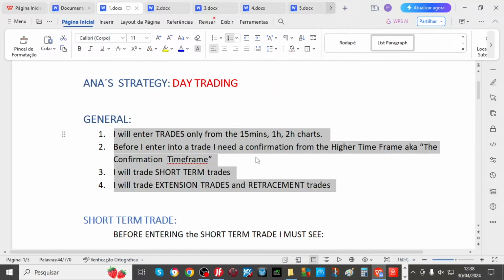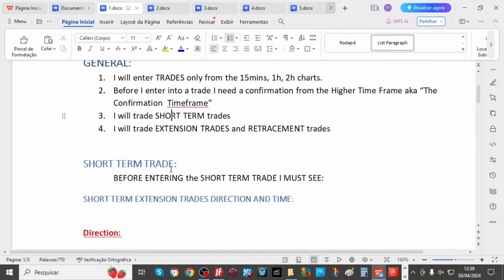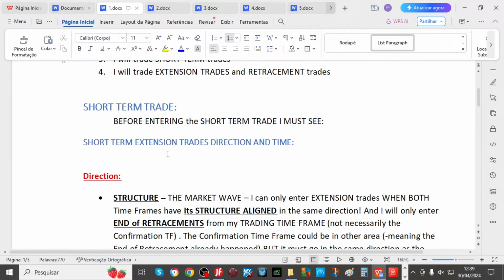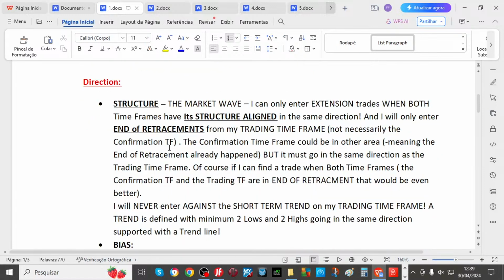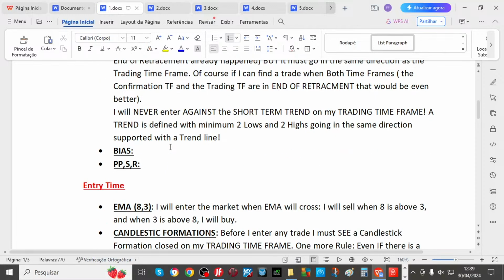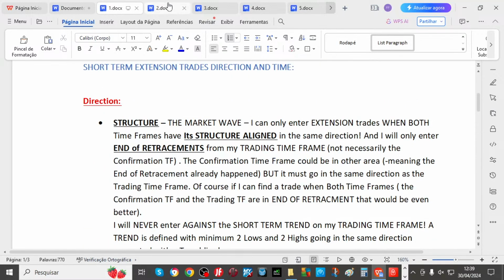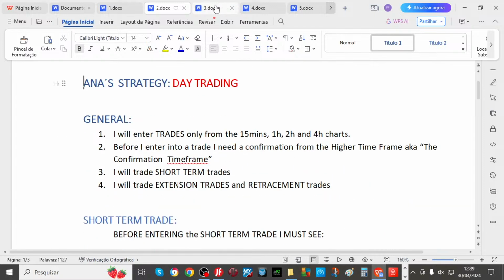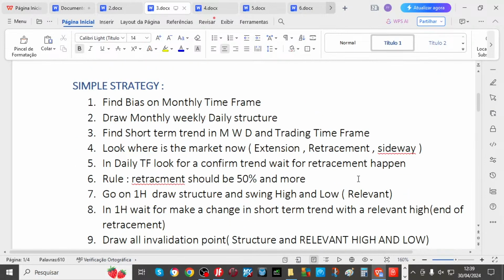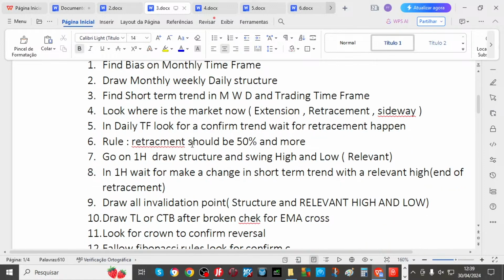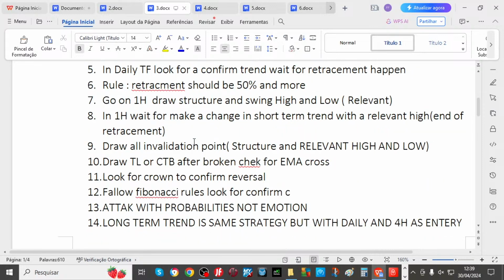So number one, short-term trade. So this is the direction bias entry setup, not yet. Number two, so this is the same. Number three, simple strategy: draw the daily Fibonacci retracement, go on the 1 hour, structure, swing high low.